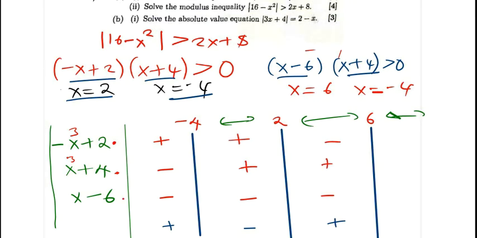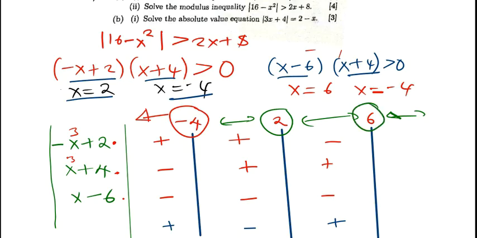And so since we're looking for the cases where our inequality is greater than 0, it implies we're interested in the positive results. And so that's including numbers less than -4, and also the numbers that are between 2 and 6. Well, we haven't tried one more case, that's the numbers greater than 6. Let's think of a 7.